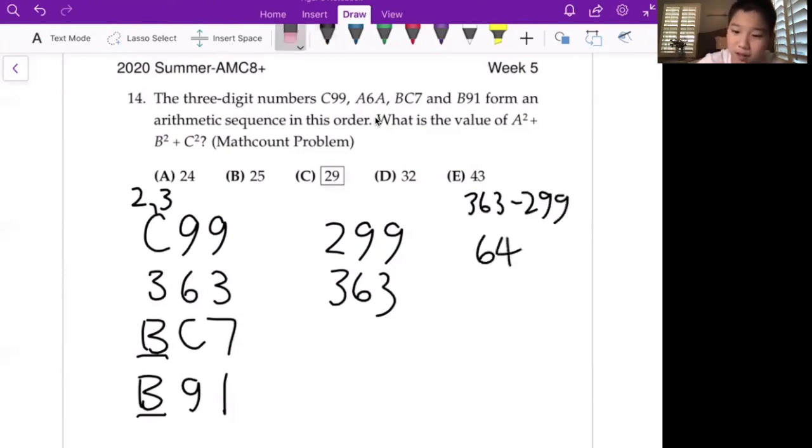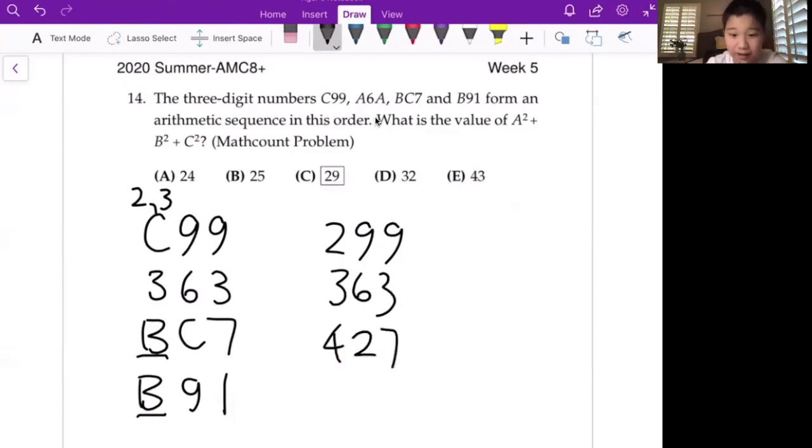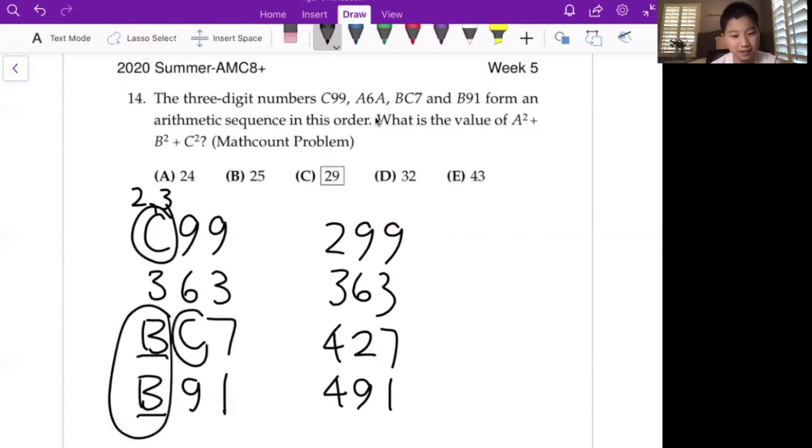That's the common difference. So 363 plus 64 is 427. And then 427 plus 64 is 491. Well, look at that. C is 2, B is 4. We did it. And this C is also 2.